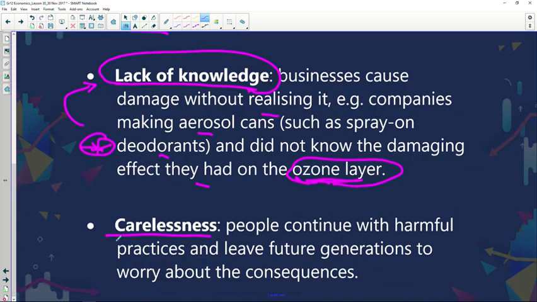And by nature people are so careless, people continue with harmful practices and leave future generations to worry about the consequences, okay? You can see that there's a bin over there, but then you will just decide to throw that piece of paper on the floor when you can actually walk to the bin and put the paper there.